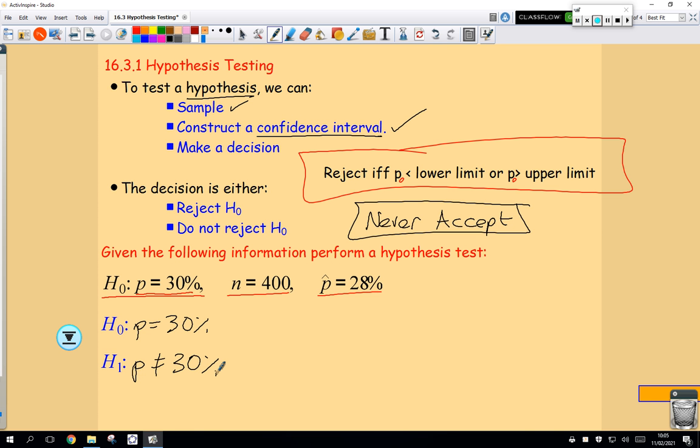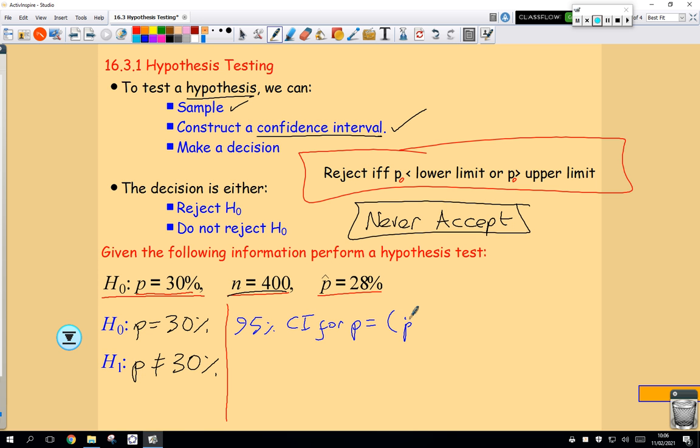What I'm going to do is take a sample, which I've done, of 400 people, and construct a 95% confidence interval for the proportion. To construct a 95% confidence interval for the proportion, we find our lower limit and our upper limit. There's a formula for this.